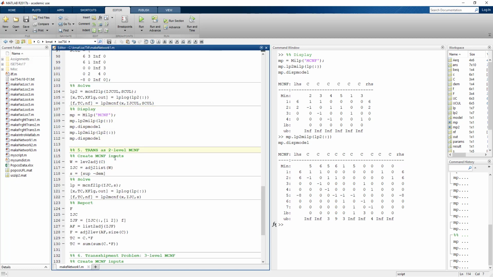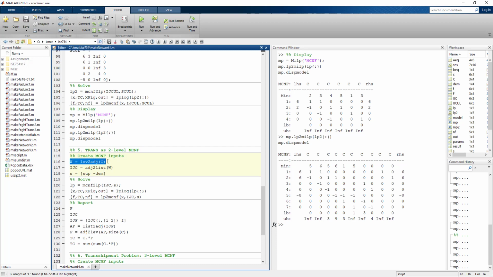Okay. Next, we're going to solve the transportation problem as a 2-level min-cost network flow procedure. And this is what is sort of happening inside of the trans function. It's taking the representation of the problem as a transportation problem, which is essentially just the interlevel matrix C together with the supply and demand, and then converting it into a min-cost network flow.